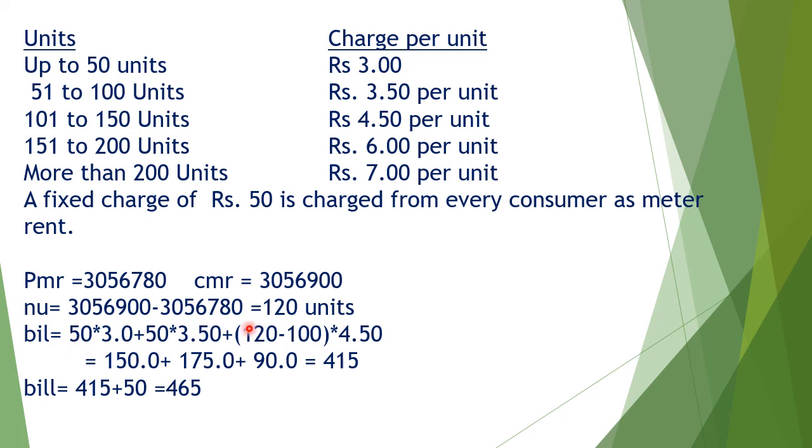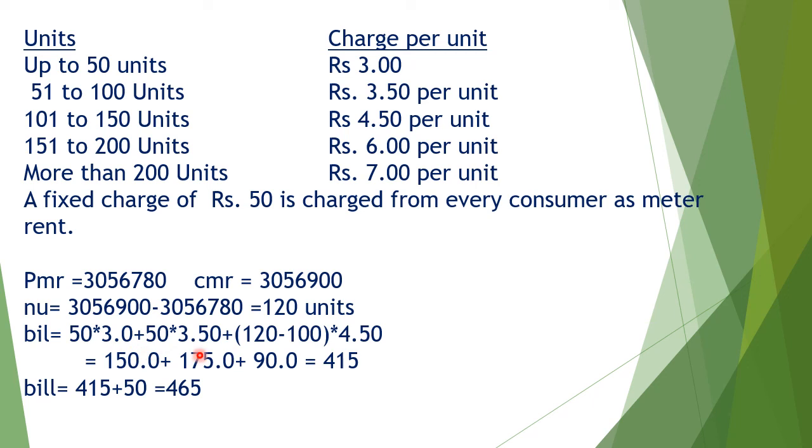here we know since it is 120 units, this lies in the third range, that is from 101 to 150 units. So the bill to be paid is for the first 50 units rupees 3 per unit, that is 50 star 3.0.